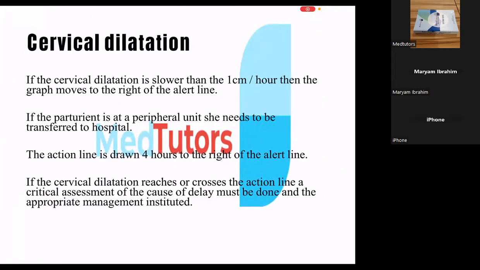If the cervical dilatation of a woman is lower than 1 centimeter per hour, then you'll find that the graph starts moving to the right of the alert line, not to the left. It is actually supposed to be on the left of the alert line.